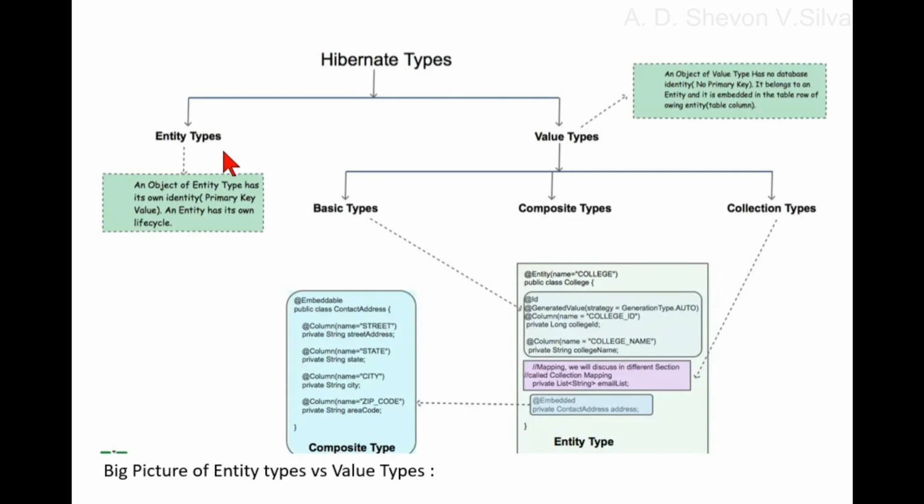An entity has its own life cycle. It may exist independently of any other entity. A reference to an entity instance is persisted as a reference to the database, a foreign key value.